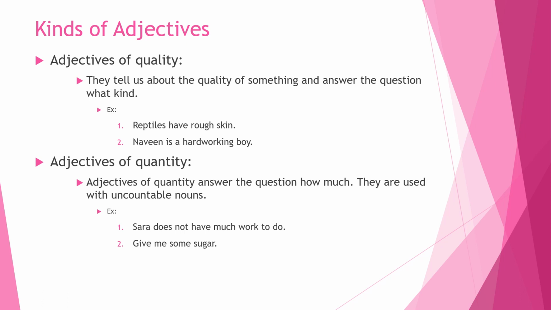For example, Sarah does not have much work to do. Here in this sentence, work is an uncountable noun. So with the uncountable noun work, we use much. Here the adjective of quantity is much.